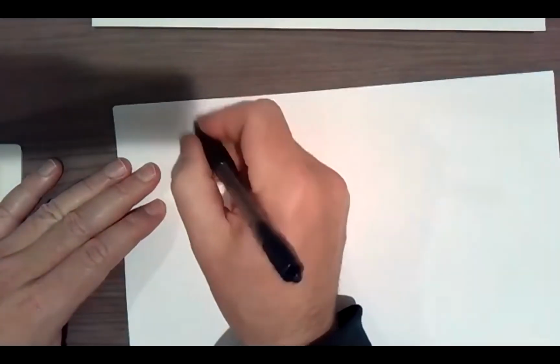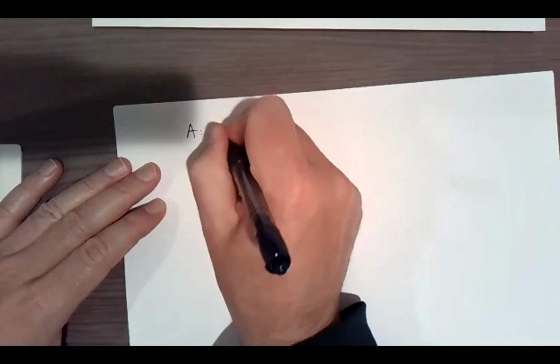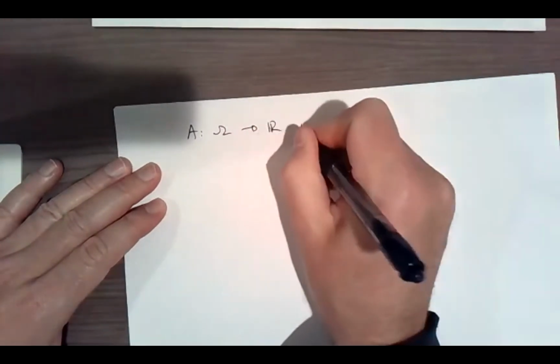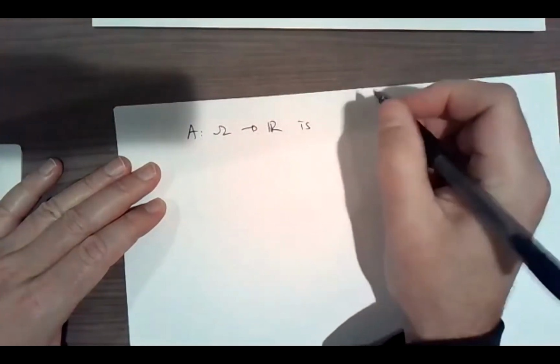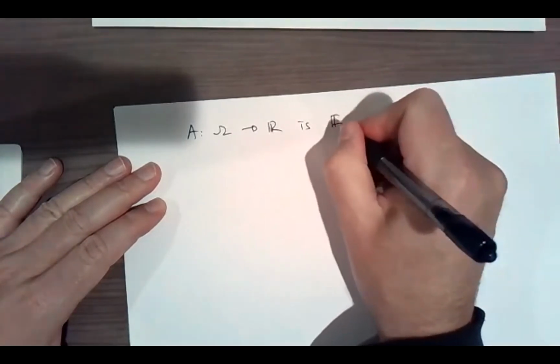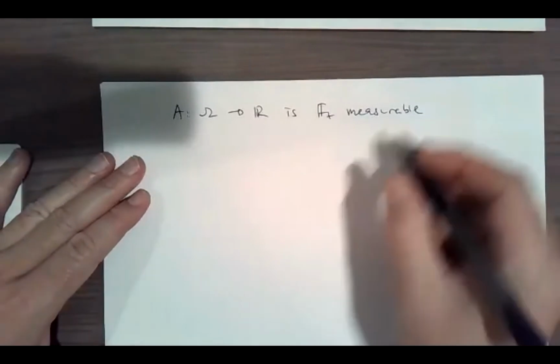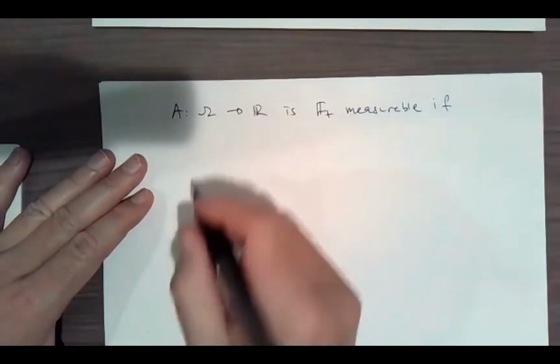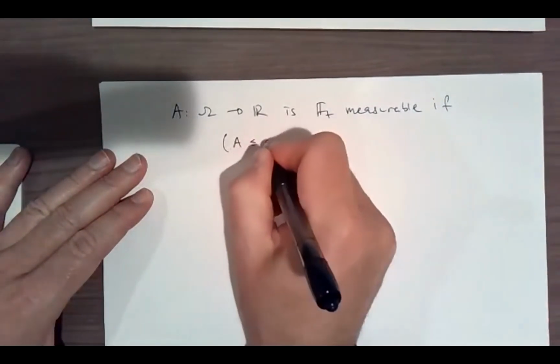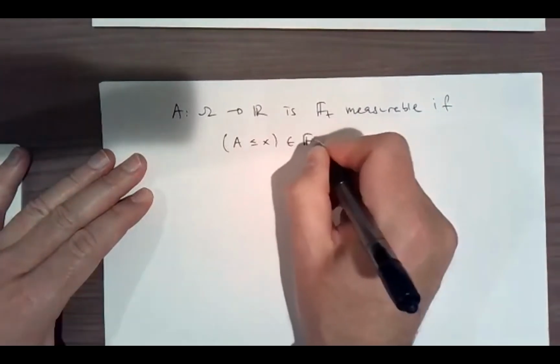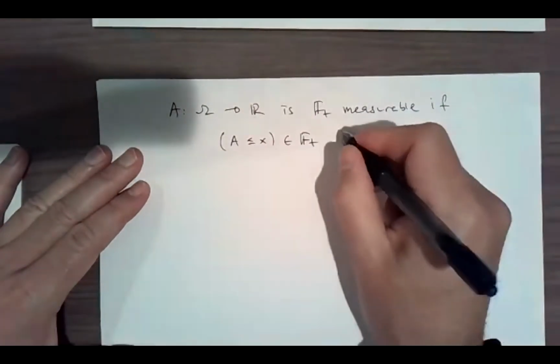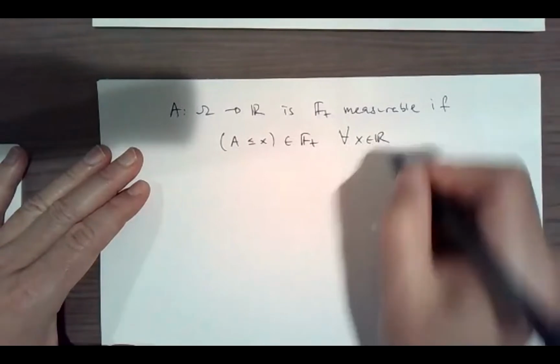Right. So when we talk about a random variable A, say it is Ft measurable. What that means is that {A less than x} is a set in Ft for any x in R. Right?